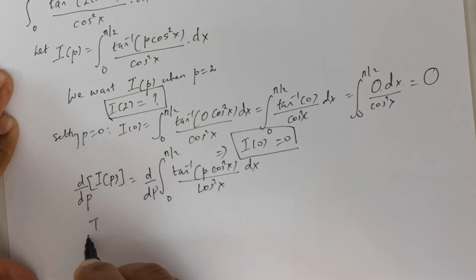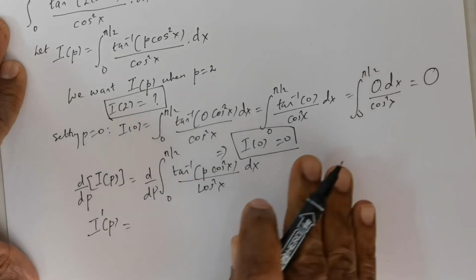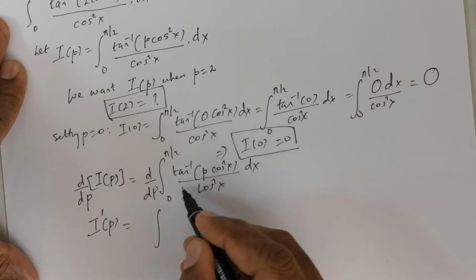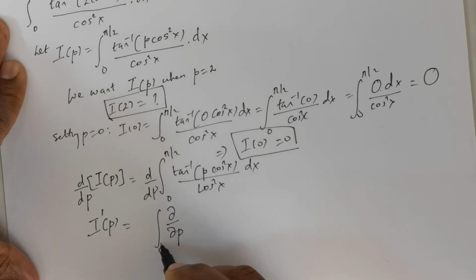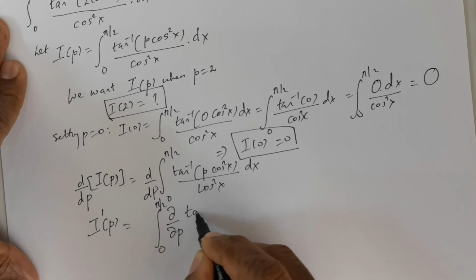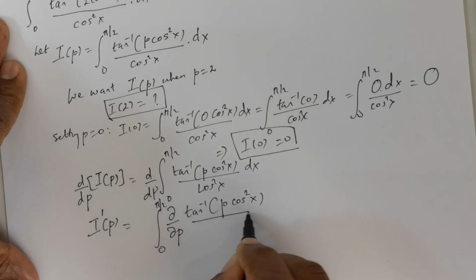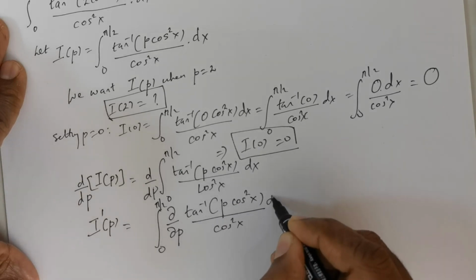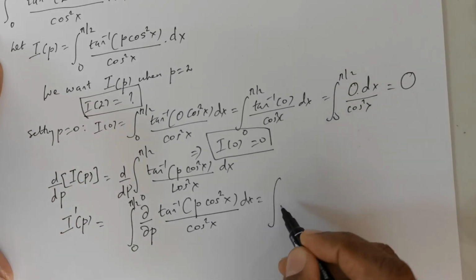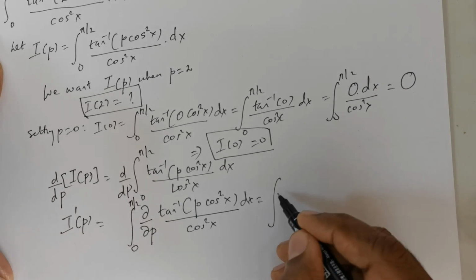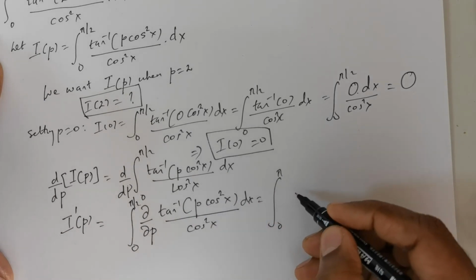On the left this is I dash of p, on the right I'm pushing it inside. Since we have a quantity involving two variables, this gives me partial derivative dou over dou p. Now cos squared x is treated as a constant, so that does not mean you can push it out of the integral operator, but you can bring it outside of the partial derivative operator.